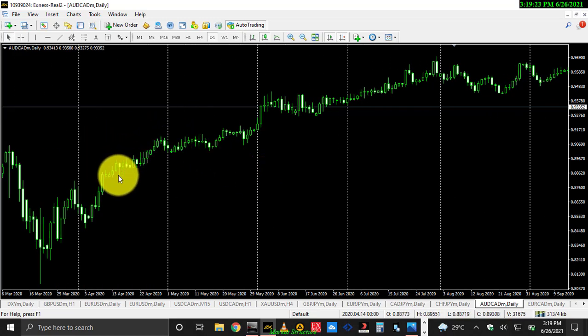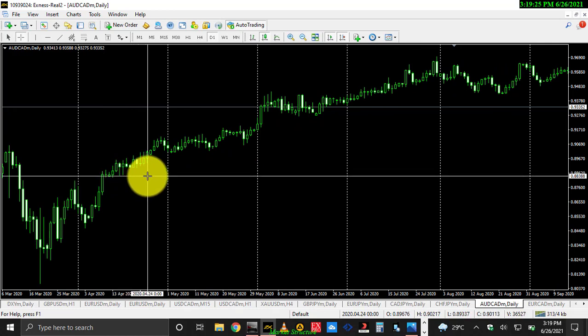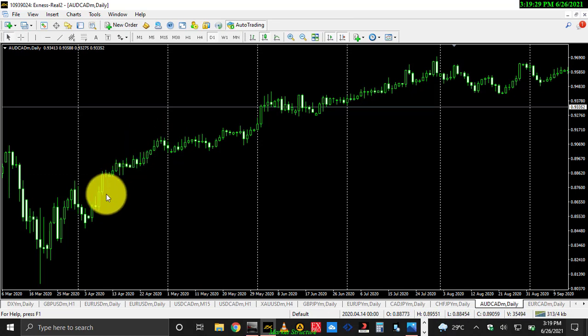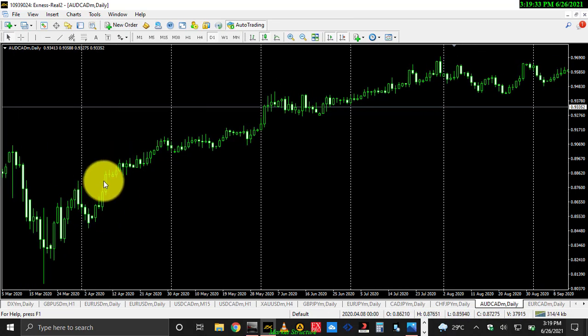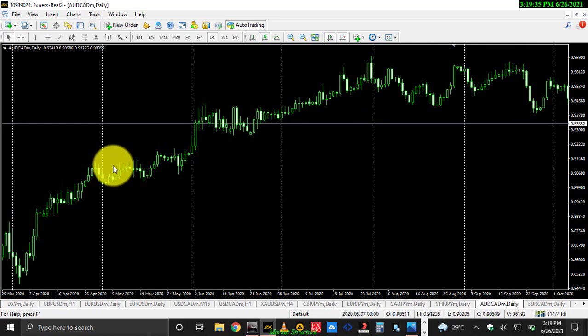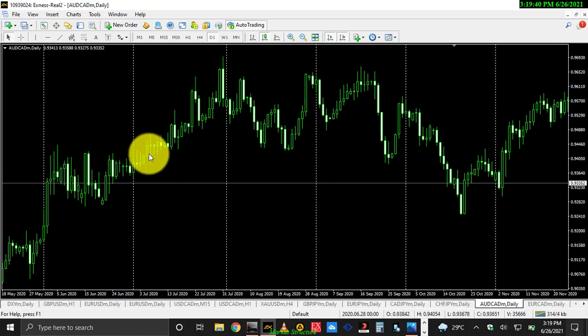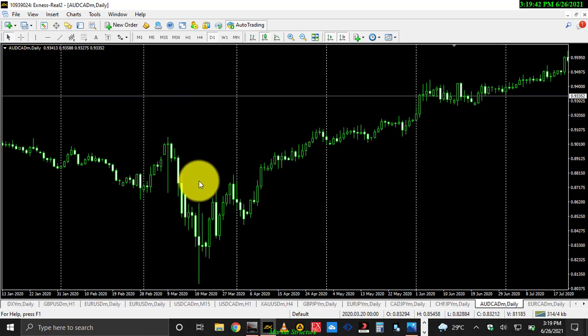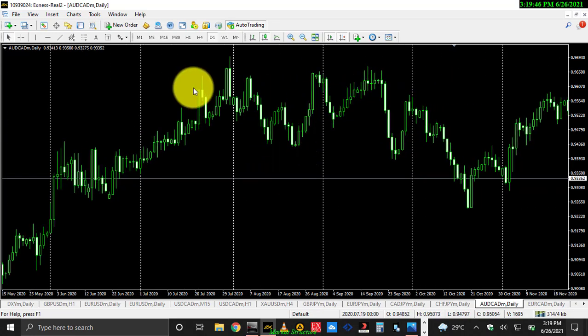There was not so much high price movement as compared to these swings or these candles being formed over here. Another consolidation over here, then expansion. So this one has been confirmed as bullish over there.